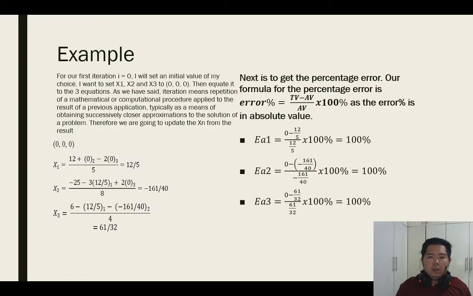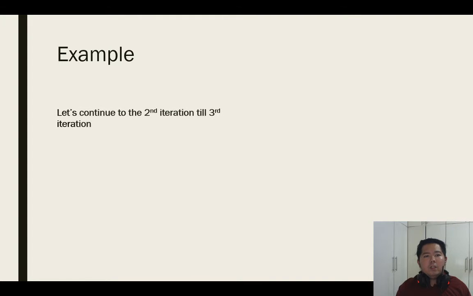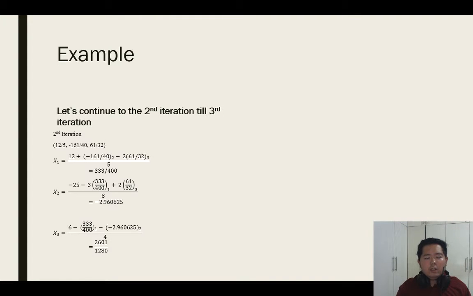For the first percentage error, we have 0 minus 12 over 5, all over 12 over 5, times 100, which gives us 100%. Since we have an initial guess of all 0, we expect 100% error in everything we have done. So let's continue to the second and third iterations.